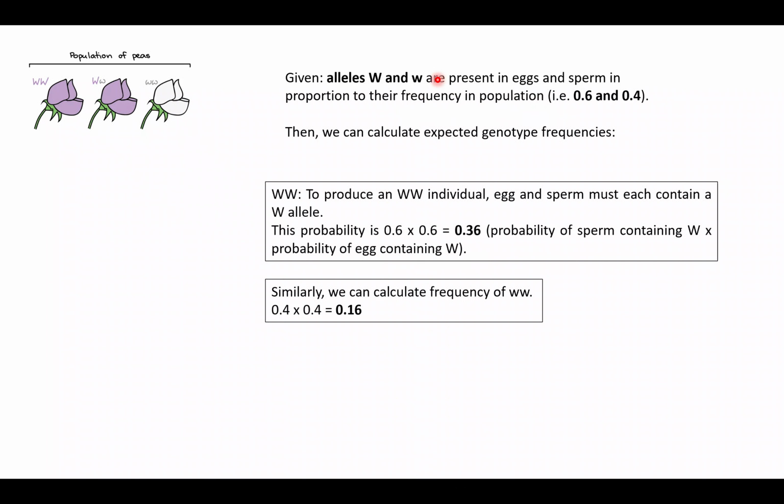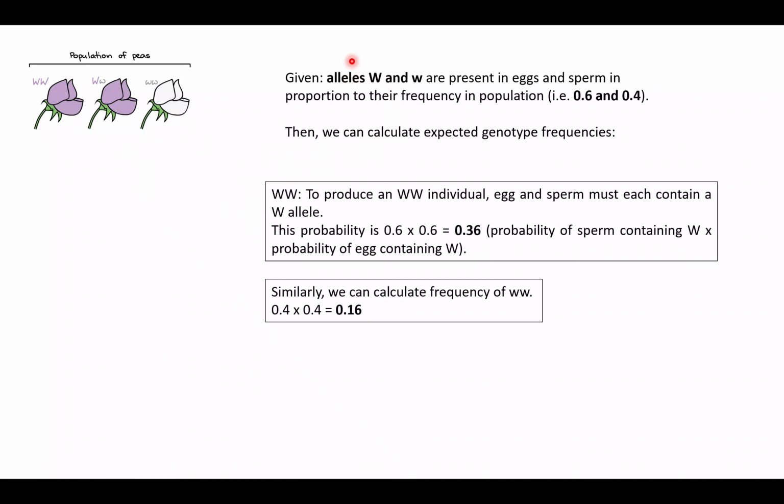This is given in the question: the frequency of capital W is 0.6 and small w is 0.4. Then we can calculate the expected genotype frequency. What will be the different genotype frequencies?